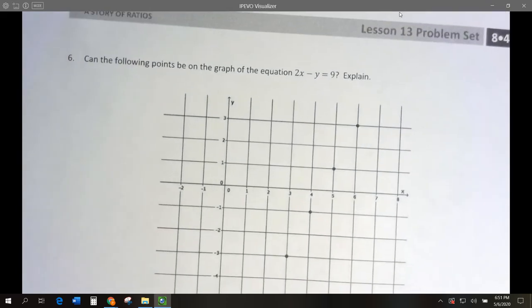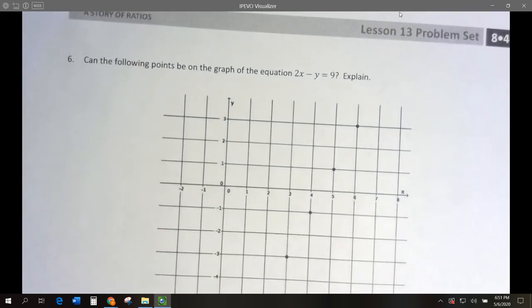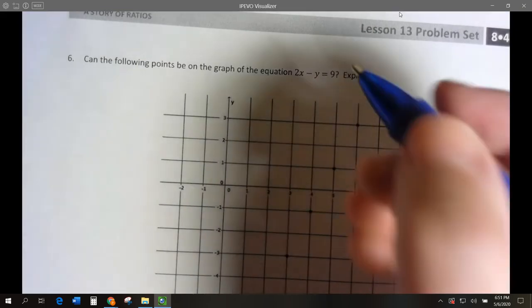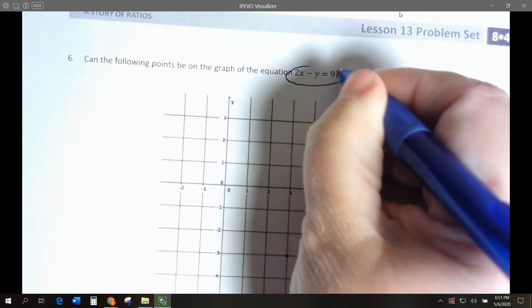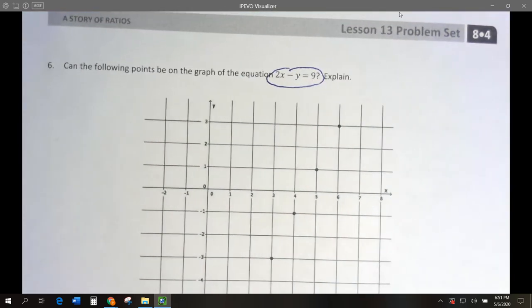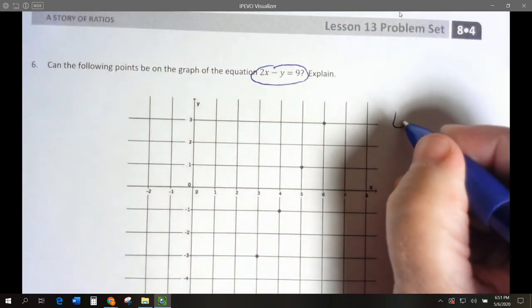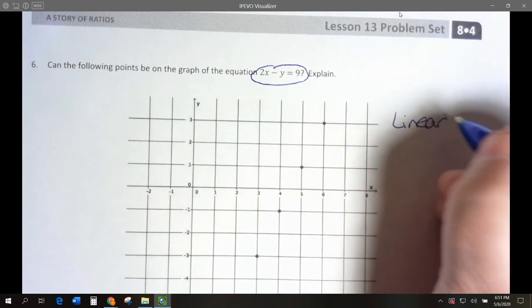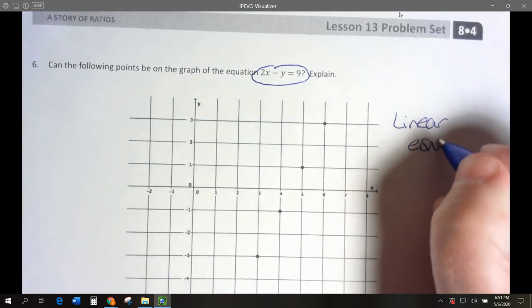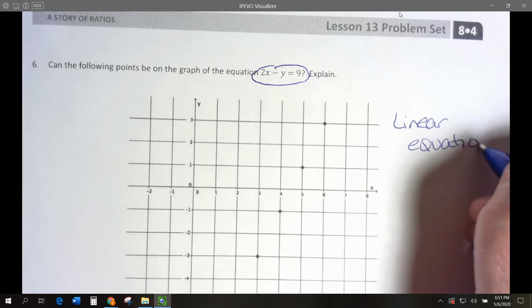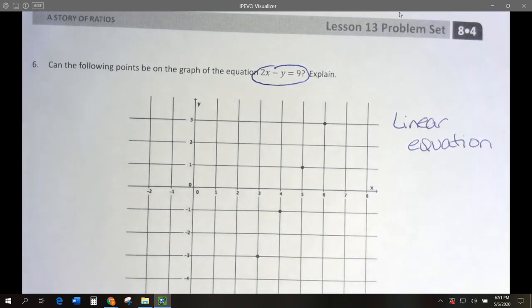Let's go on to 6. Let's look at the equation. Is this the linear equation? Yep, so we have a linear equation, which means the graph of it would have to be a straight line.